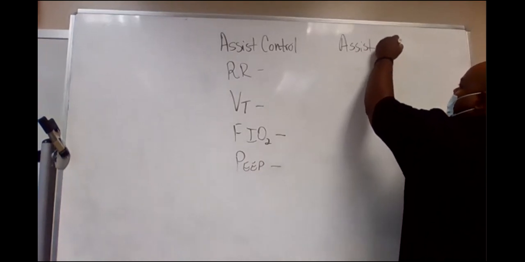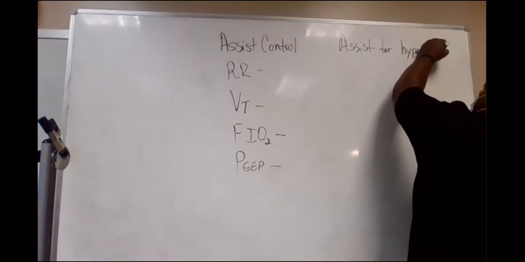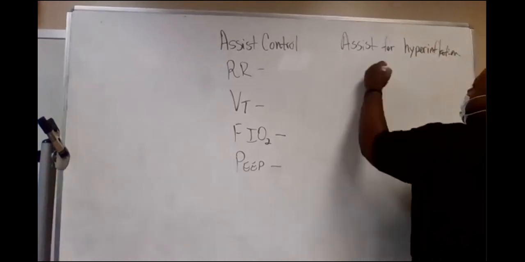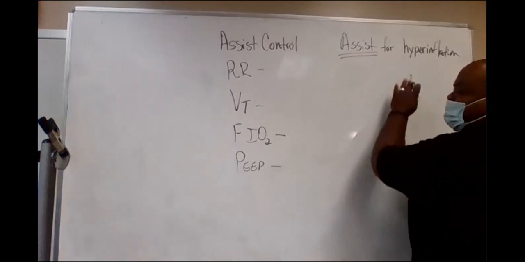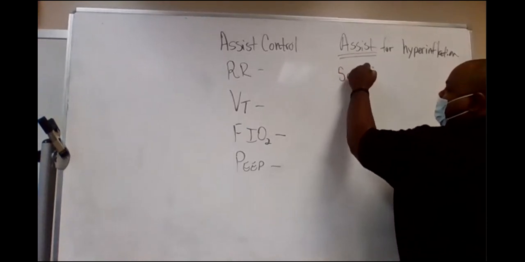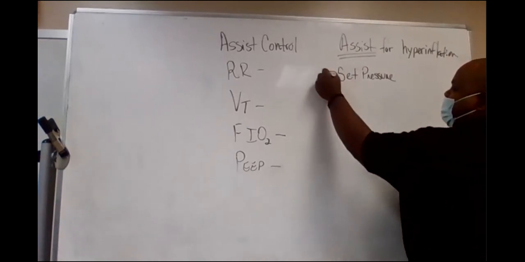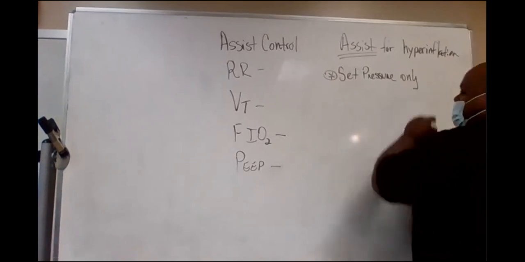So for assist mode for hyperinflation, all we're going to do is give a set pressure only. Get another marker.